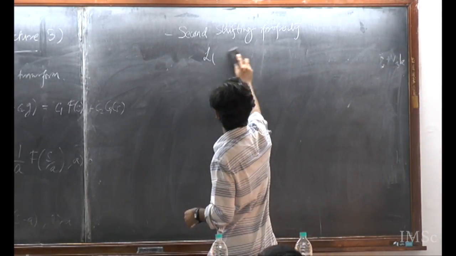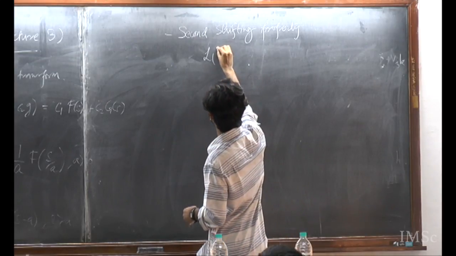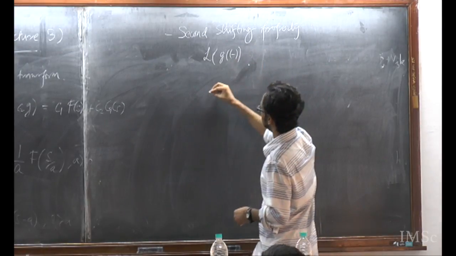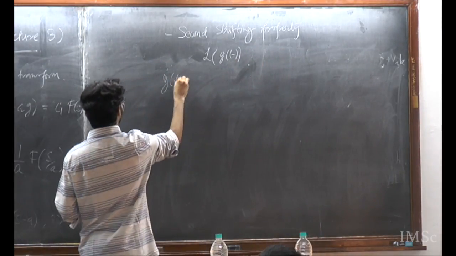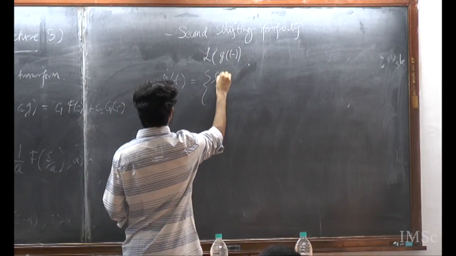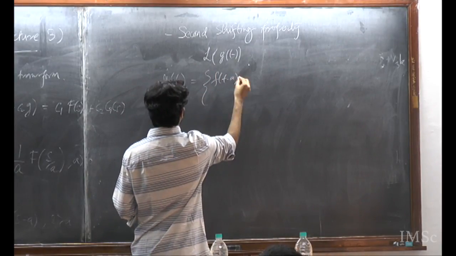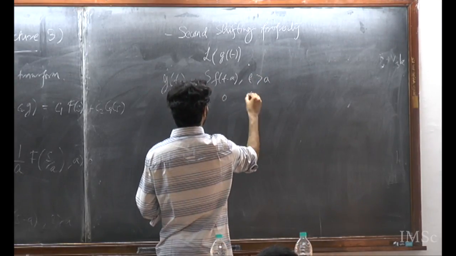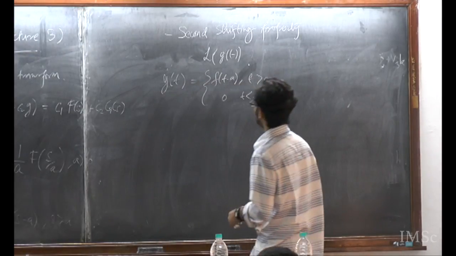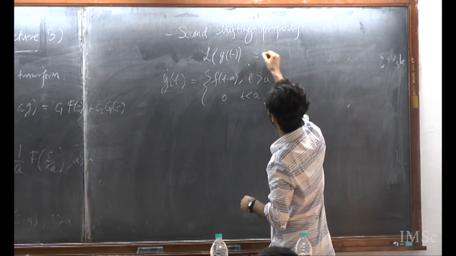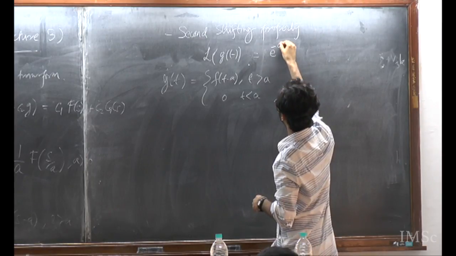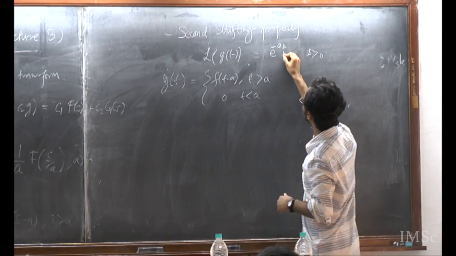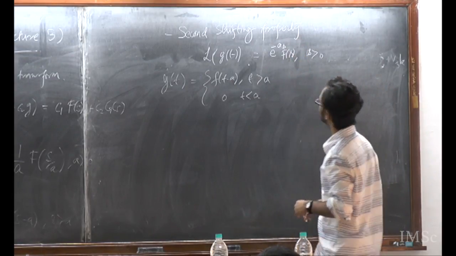So this is a function g(t) which is made out of f(t). What is g(t)? This is f(t minus a) for t greater than a, and 0 for t less than a. And for this, the Laplace transform is, yes, e to the minus as times F(s), right?